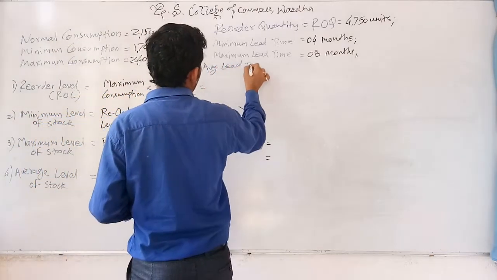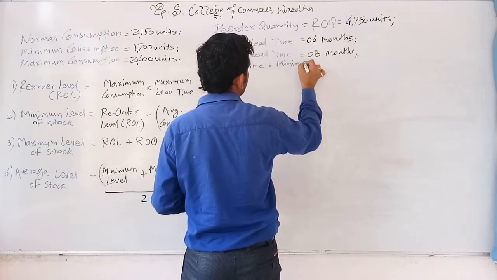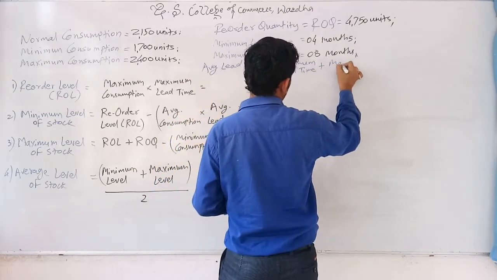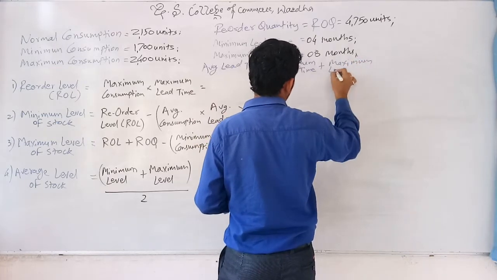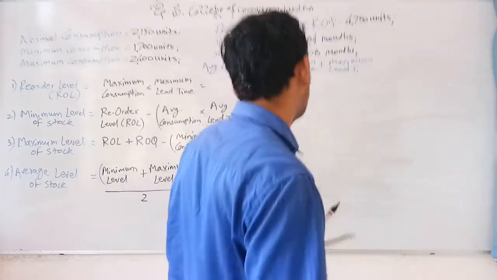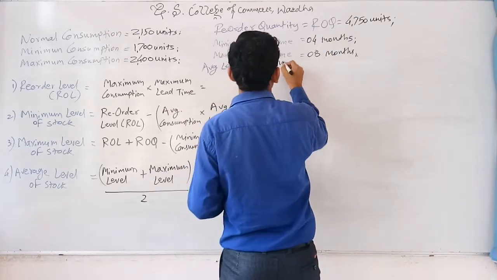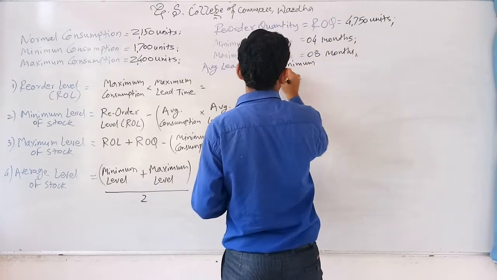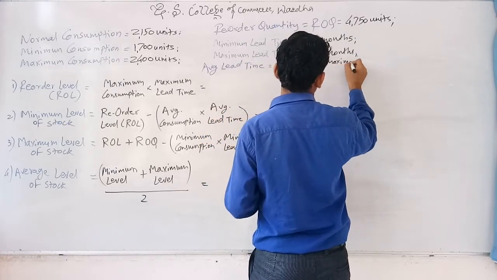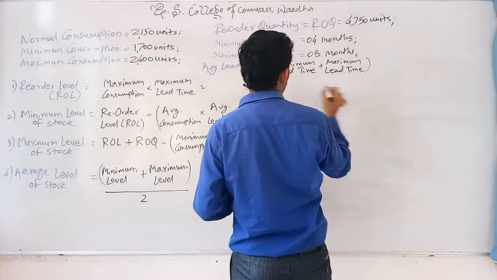Average lead time is equal to minimum lead time plus maximum lead time, divided by 2.